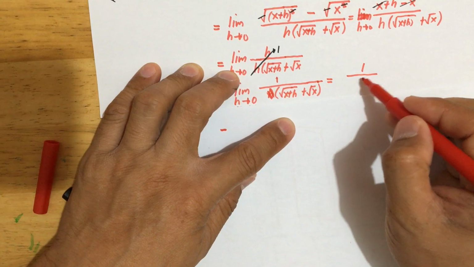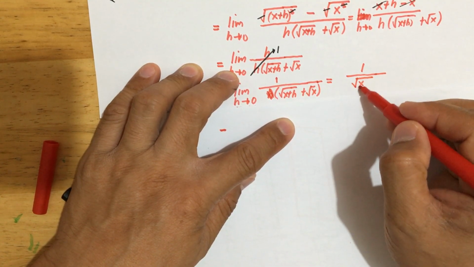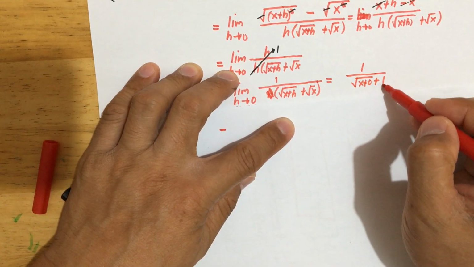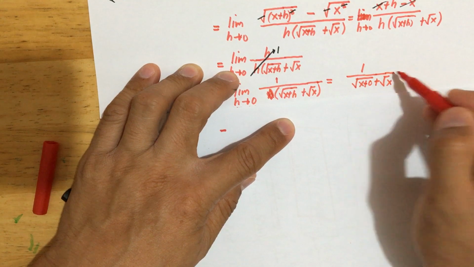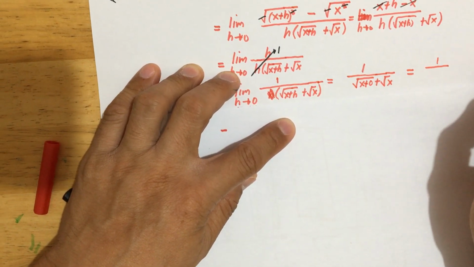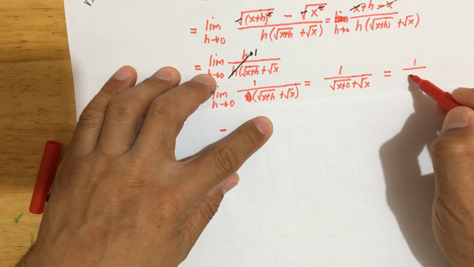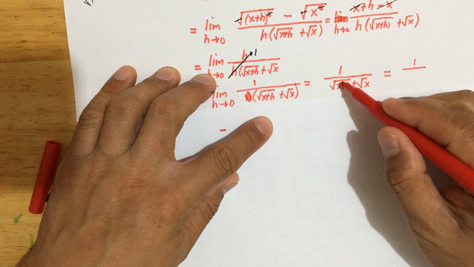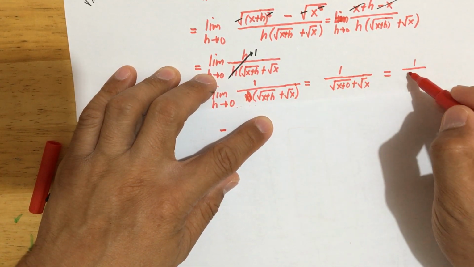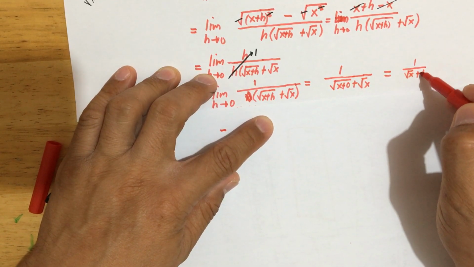The square root of x plus h is the square root of x plus 0, so that is the square root of x, plus the square root of x.